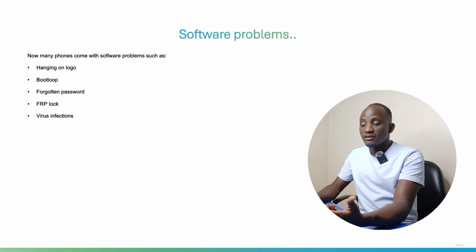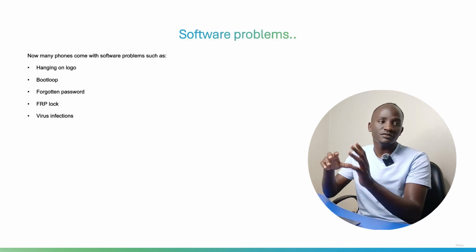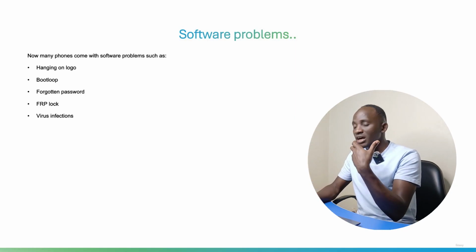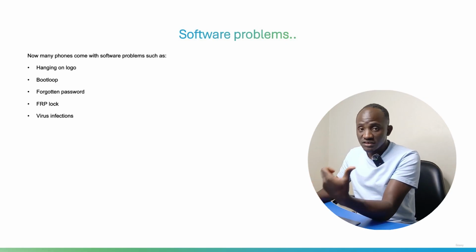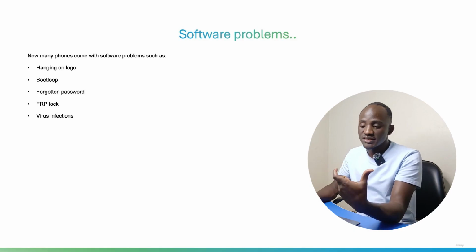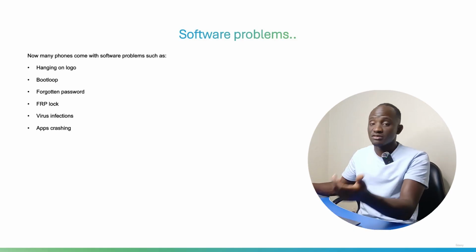Then there are phones that are infected with a virus, and they will give you all kinds of messy behaviors. The moment you have that kind of phone in your hand, you will understand that its software has problems. You also have phones where apps are crashing.